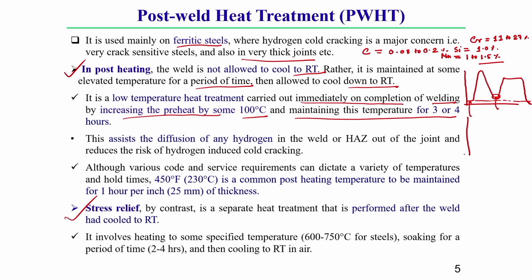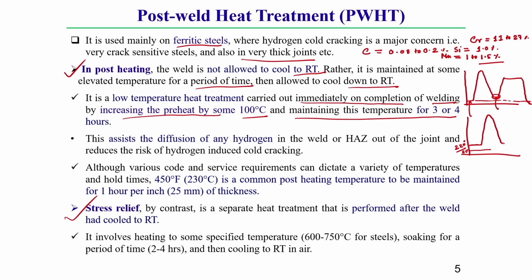Here, initially let us say the welding started from some preheating temperature, let us consider around 220 degree centigrade. And this is your room temperature, let us say 25 degree centigrade. In the case of post heating, the temperature goes like this, after that it comes down to around the preheating temperature.